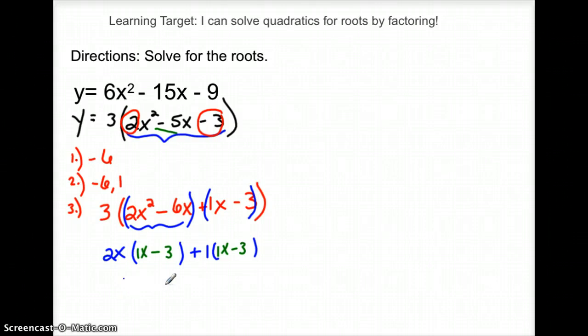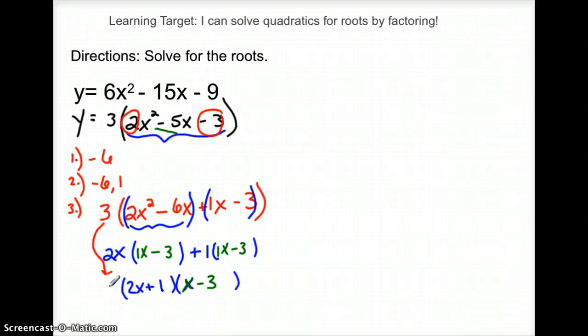So let's see, 2 groups here. 2x plus 1 mushed together in a group, and then I'm going to drop the 1. Oh, I wanted green. There we go. X minus 3 comes from those groups that are the same. Okay, and don't forget about this guy. He's easy to forget.